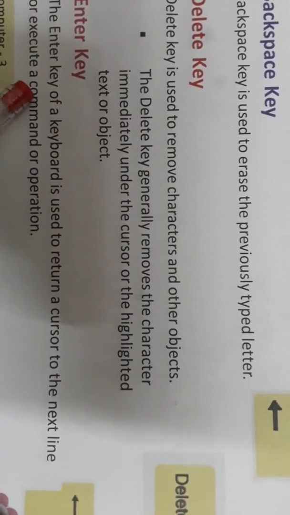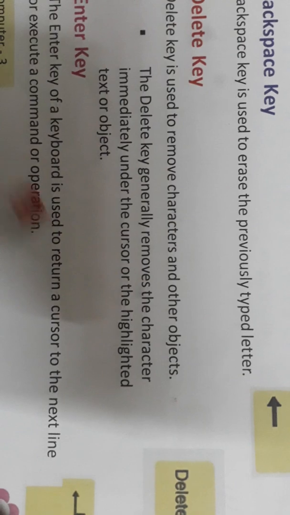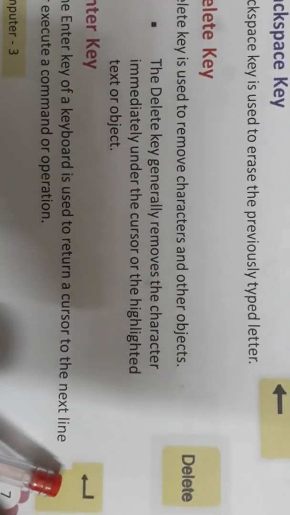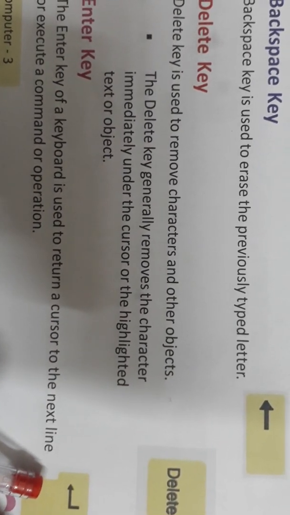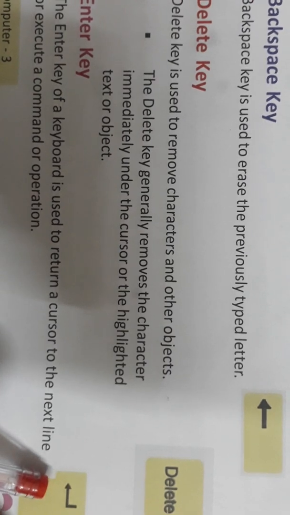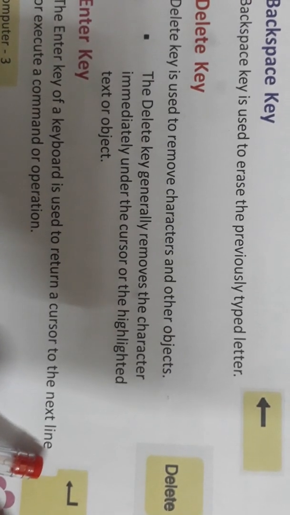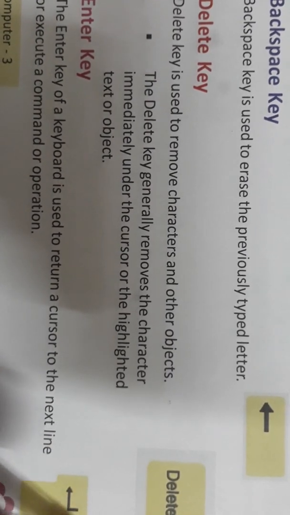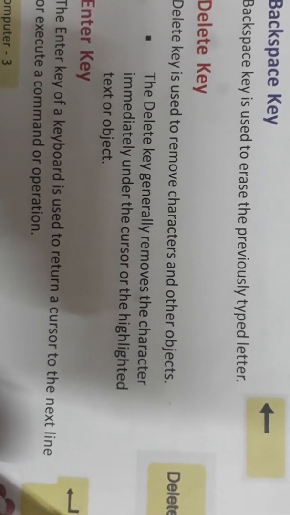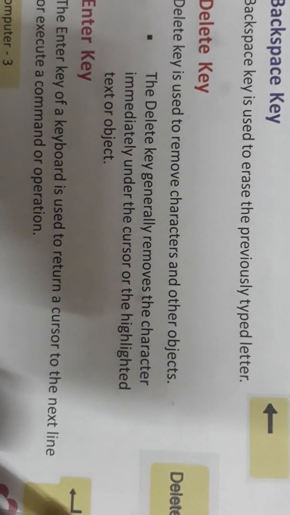That means to open or run a program, we use the enter key. So the enter key helps us to type in the next line and also to open or execute a program. Is it clear?